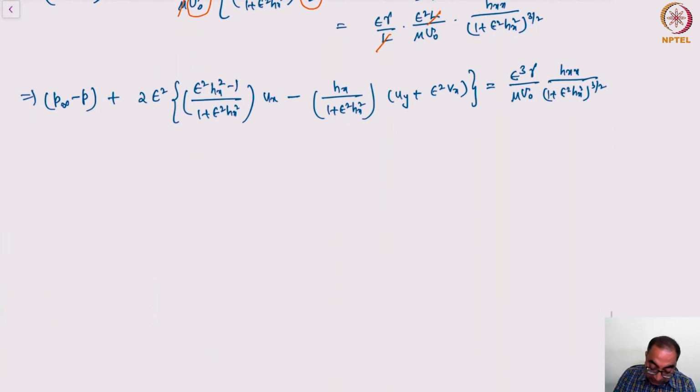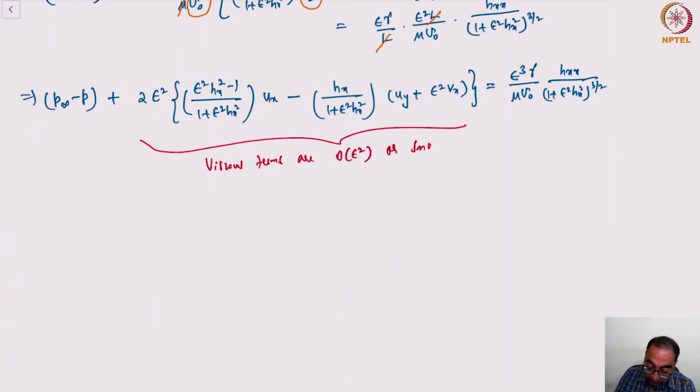So notice that this entire term here, the viscous term, is order epsilon square or smaller. There's an epsilon square sitting outside, okay, and every other term that we have here is either epsilon square or even smaller. We even have, for example, the last viscous term that you see that has an epsilon square Vx.